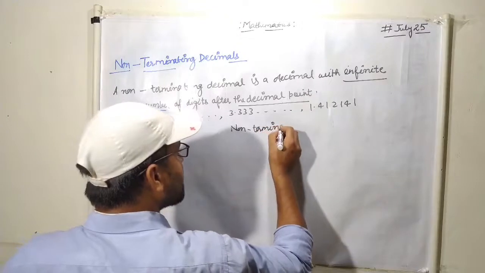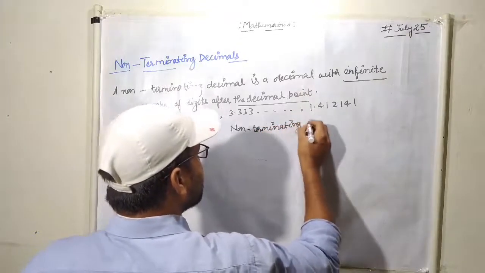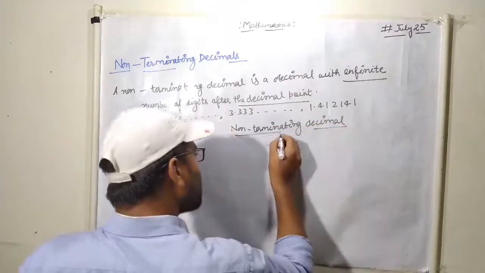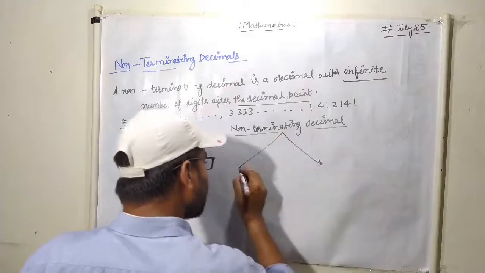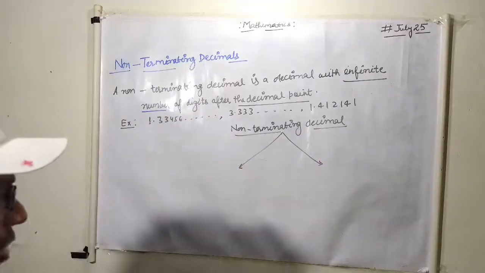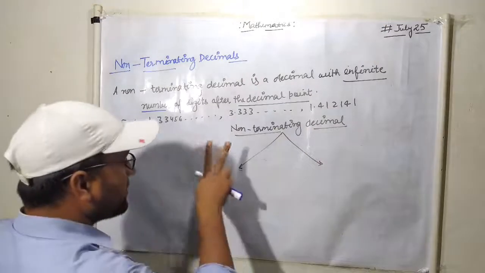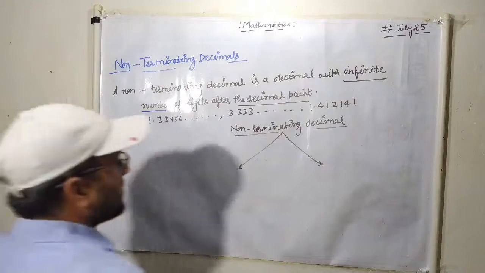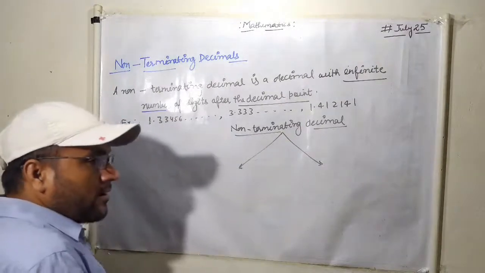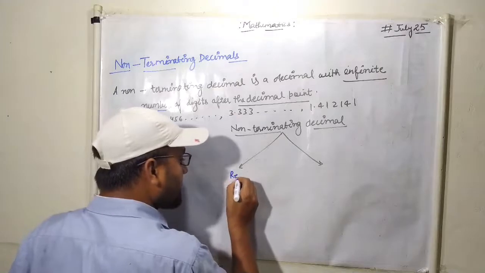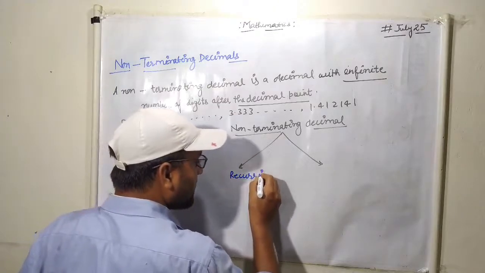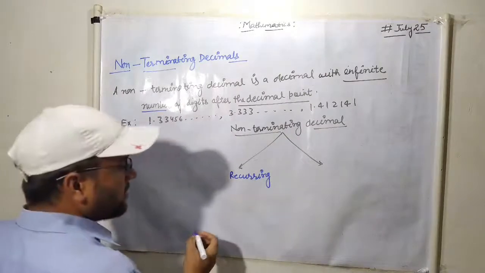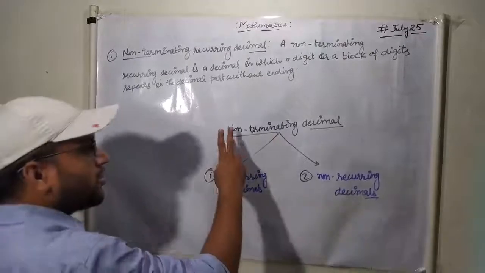And there are two types of non-terminating decimals. You will write properly.